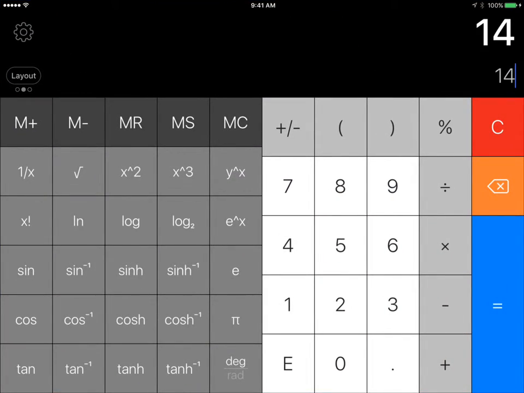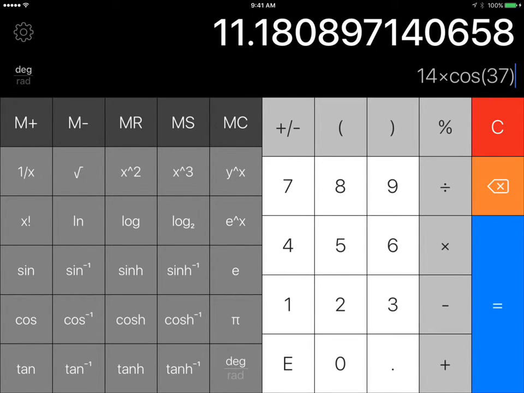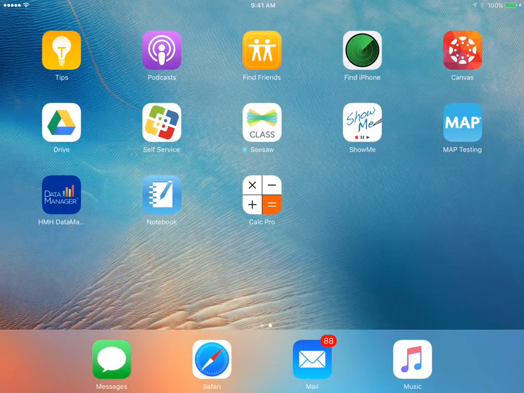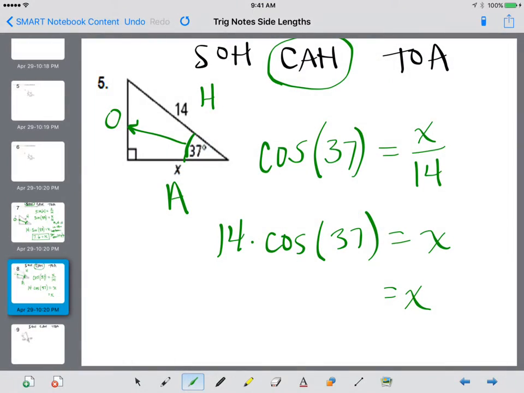We've got 14 times cosine of 37 equals 11.18. The number right after the 1 is bigger than 5, so I'm going to round that to 11.2. So x equals 11.2.